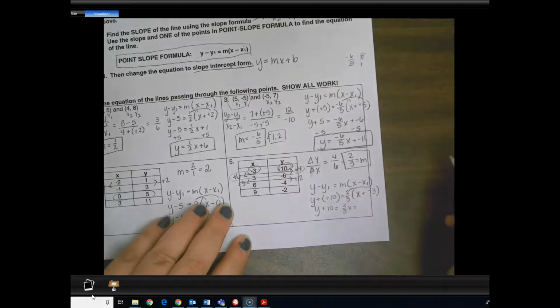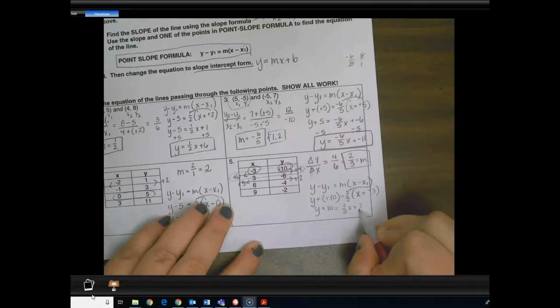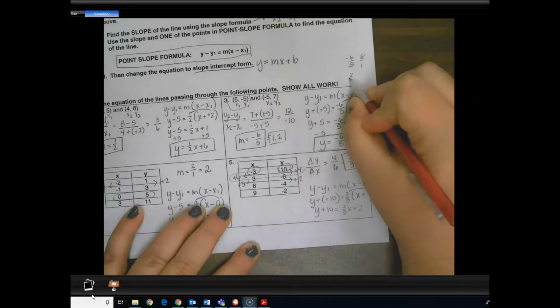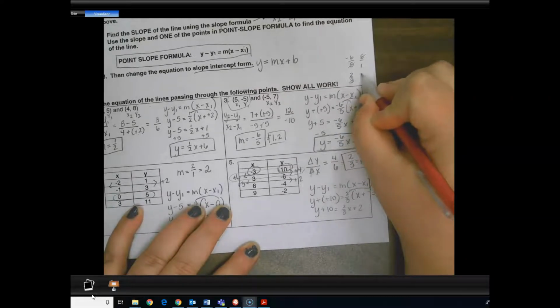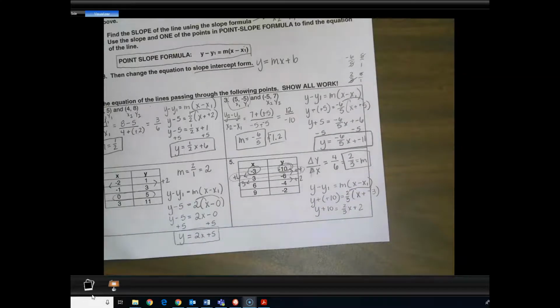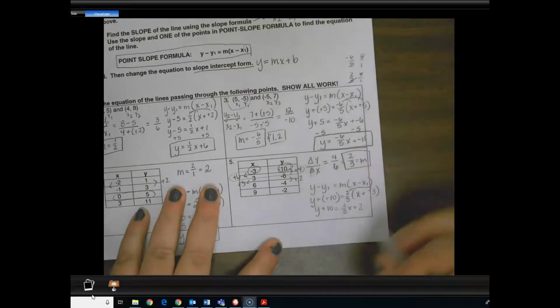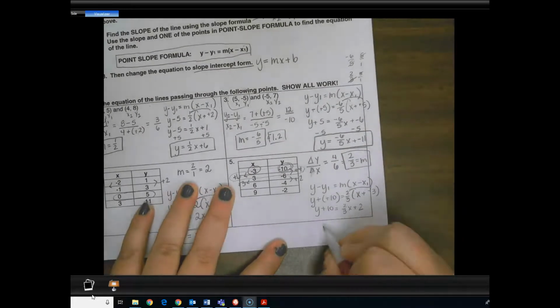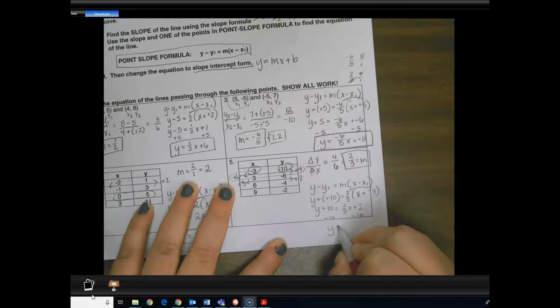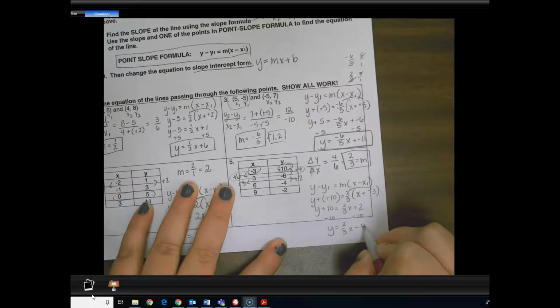So 2/3 times 3 is just a 2. Again, I can come up here and look at 2/3 times 3. These cancel, leave me with 2/1. I know if you had Miss Hoffpower, she does a great job at teaching y'all how to cancel with multiplication like that. So I'm going to subtract 10 from both sides. So y equals 2/3 x minus 8.